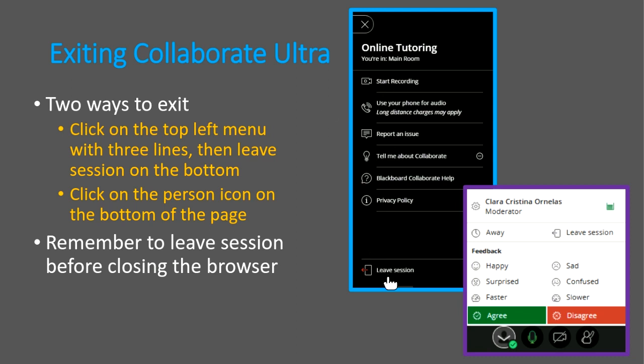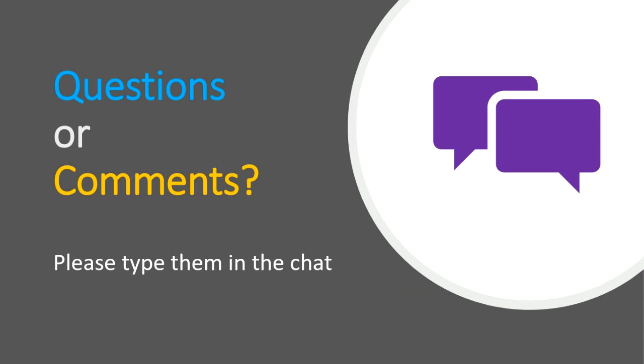So you can leave through there, or if you click on your little icon at the bottom of this page, that little white box pops up, and you can also leave the session through there. I recommend that you please leave the session before closing the browser. Okay, so you've left Collaborate, you close the session, you're done, and hopefully you'll be back for more tutoring.